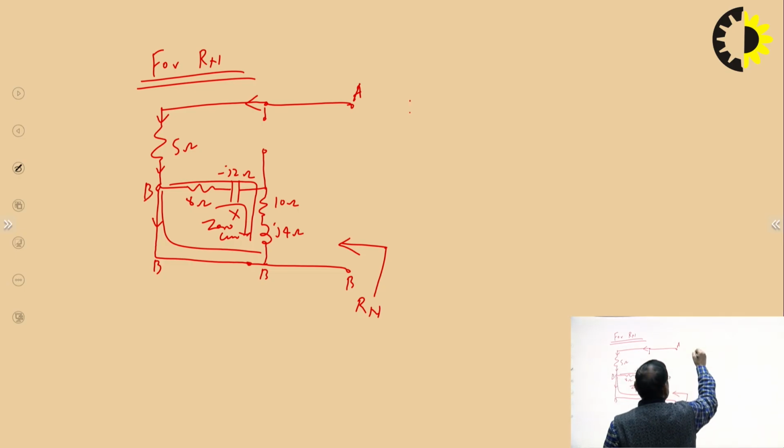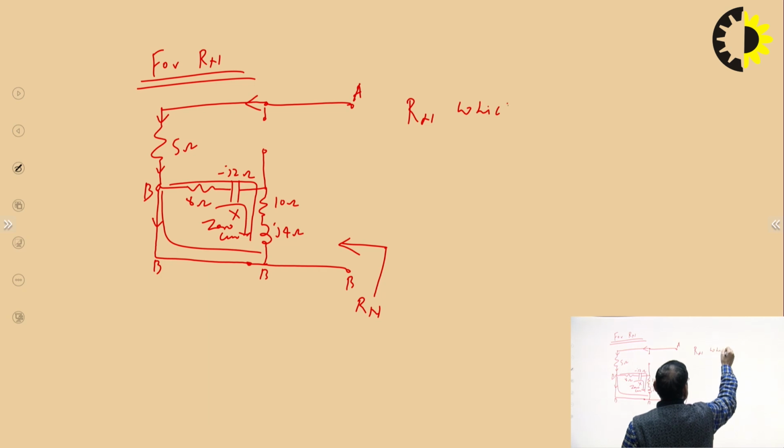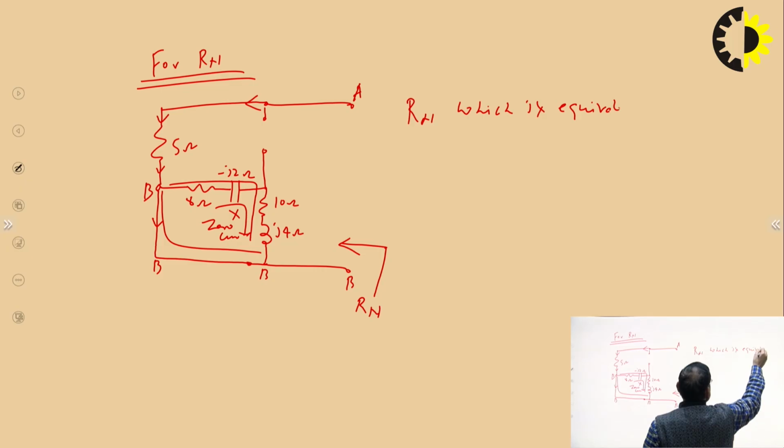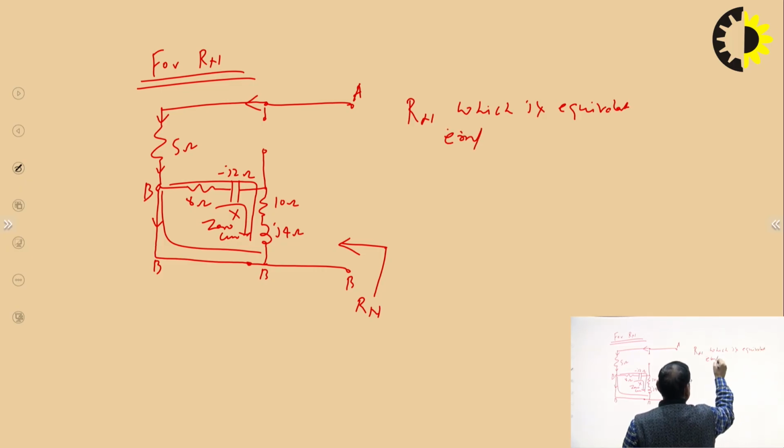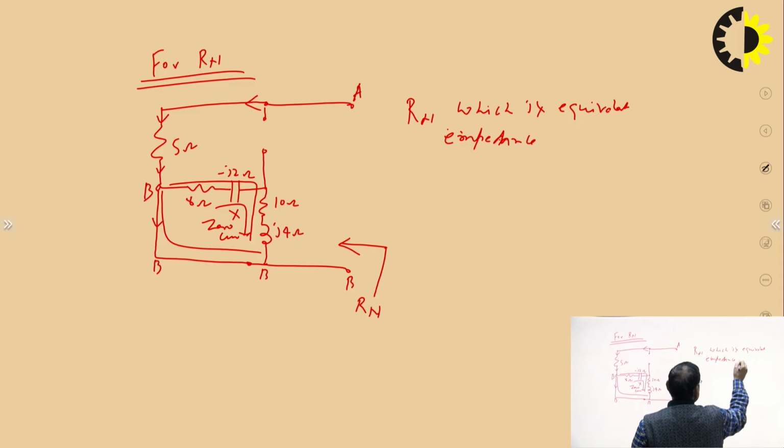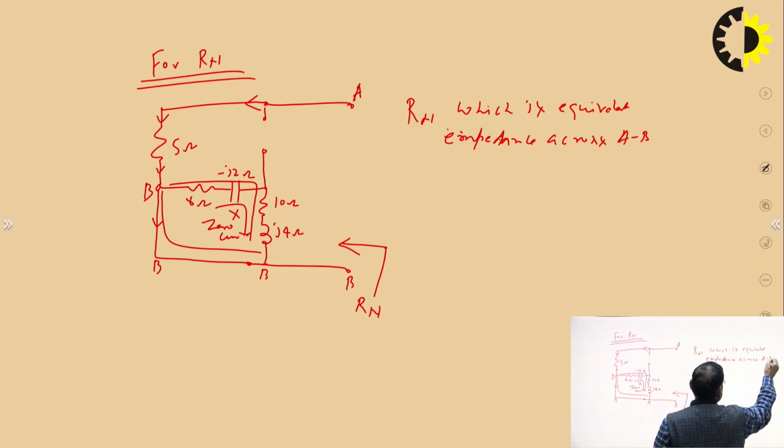So Rn, which is the equivalent impedance across AB terminals, is 5 ohm.